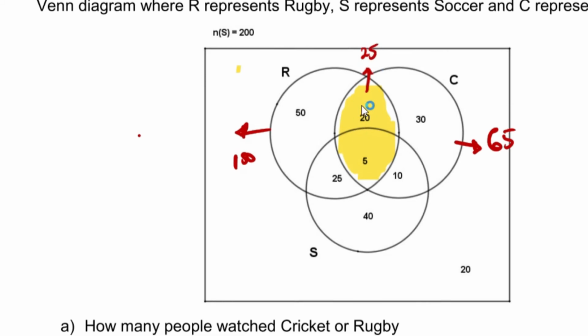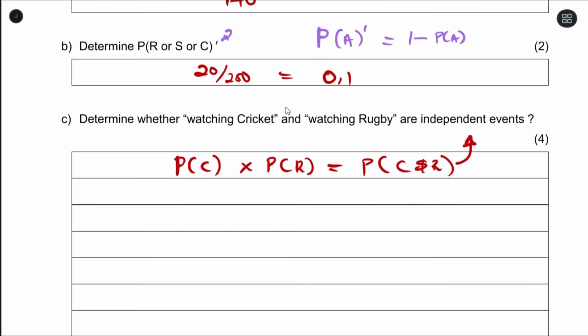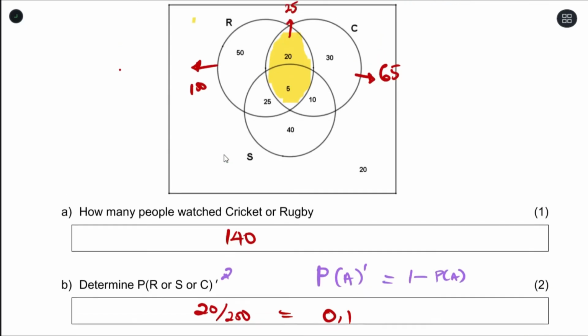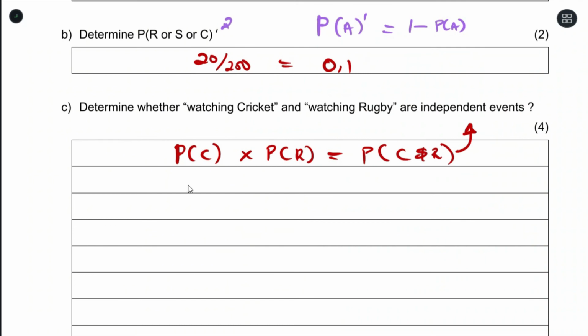Now we need to write all this in terms of probability. So for cricket, we know that is 65. Since we're working with a total group of 200 people, that's 65 over 200, times 100 over 200, and we need this to be equal to 25 over 200.